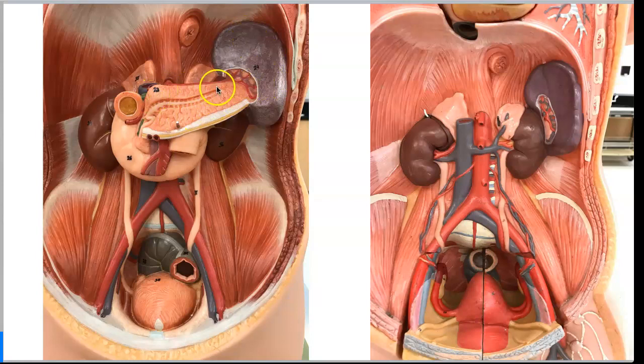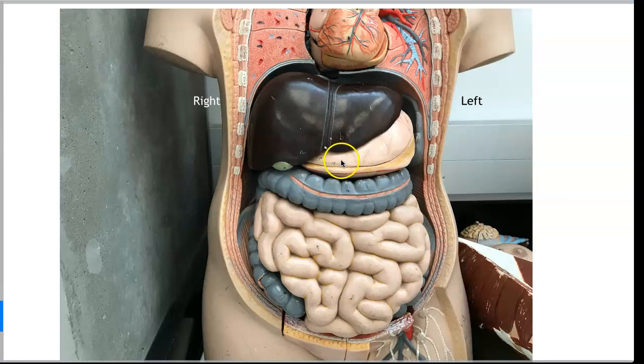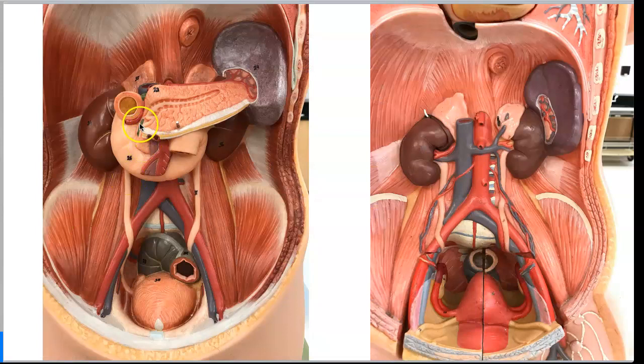Here's the pancreas. The pancreas is deep to the stomach here. So here's the pancreas right here. Here is the first part of the small intestines. This is the duodenum. And here are the kidneys back in here.